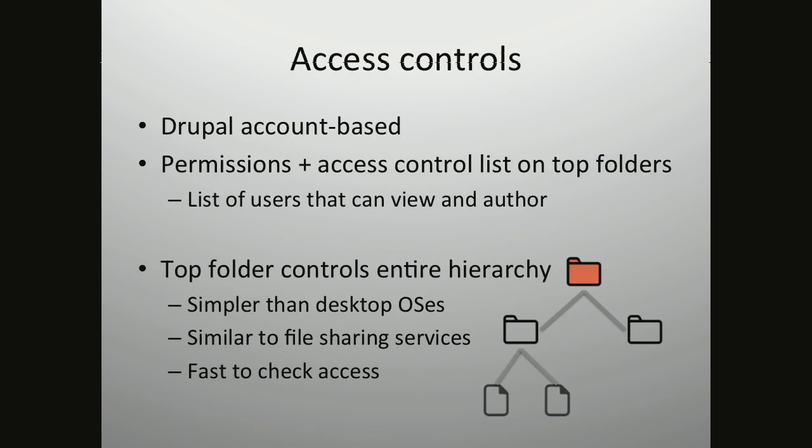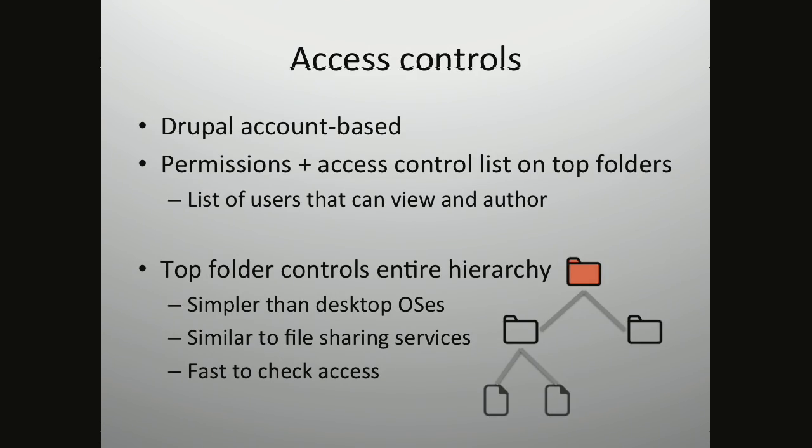I was talking about every child or grandchild knowing what their root parent is, and that's done for access control reasons. In our case, we looked at all the cloud drives like Dropbox, Google Drive, OwnCloud, this and that, and tried to figure out how these different cloud drives implement access control. One thing we found commonly used was that the access controls live on the top.